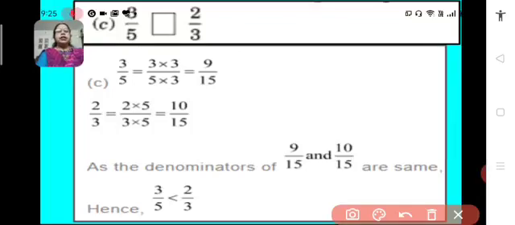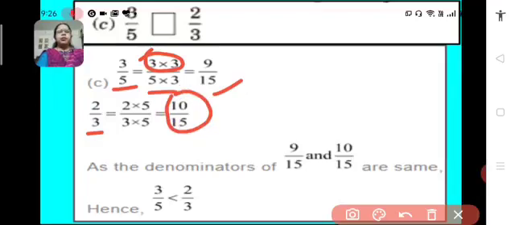To convert the denominator 5 of the first fraction 3 upon 5 into 15, we multiply it with 3. So, we have to multiply the numerator also with 3. What do we get? We get 9 upon 15. Similarly, when we convert 2 upon 3 into a fraction with denominator 15, we multiply both 2 and 3 by 5.